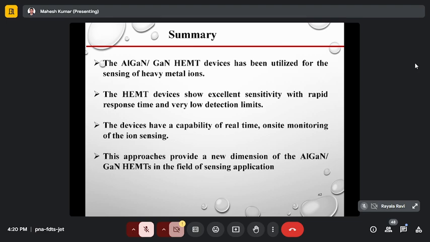As compared to silicon, these are more stable at temperature and in harsh environments. Those are the additional advantages of using gallium nitride.